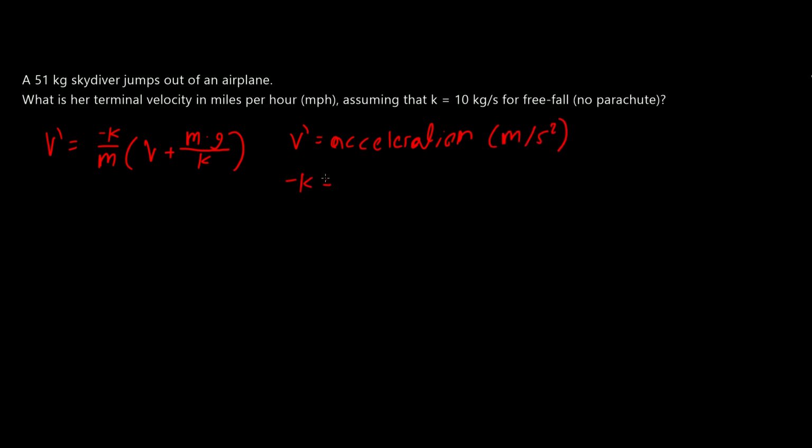Negative k is going to be our air resistance constant, of course. It's a constant that they gave to us over here, 10 kilograms per second.